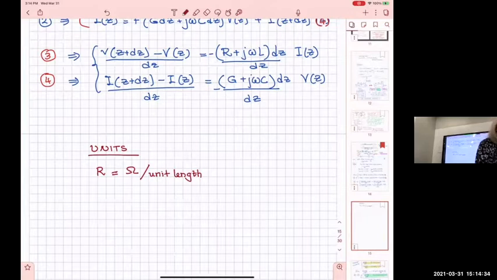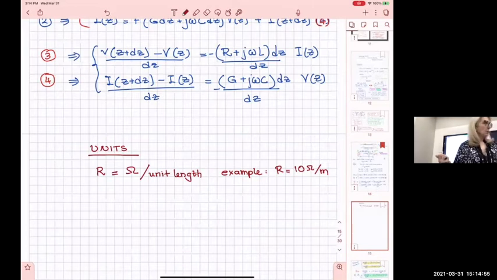I may choose, for example, to give it to you in ohms. Say R is 10 ohms per meter. That's my choice. That's how I measure it. So for every 1 meter long line, I have 10 ohms. I could also give this to you as 0.1 ohm per centimeter.